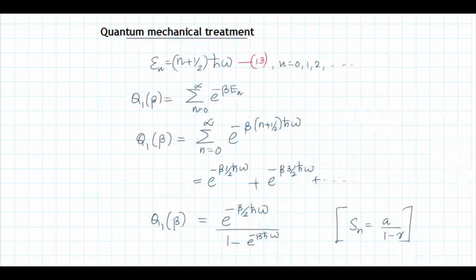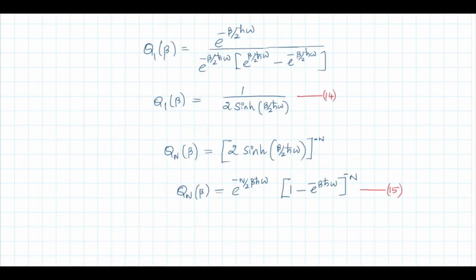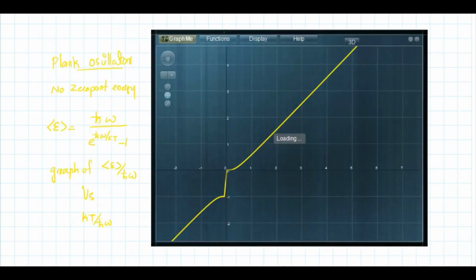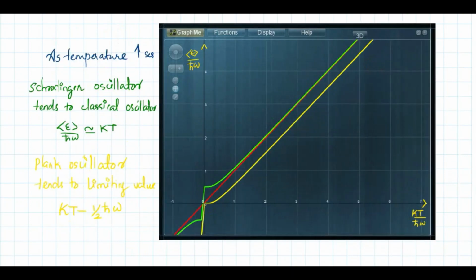Then we treated the oscillators quantum mechanically. We considered the Schrodinger equation and the possible energy values. Then using the expression sigma n equal to 0 to infinity e raised to minus beta E_n, we calculated the partition function. Using that partition function, we again calculated the different thermodynamic parameters. All are the same. Then we discussed the different cases: Schrodinger oscillator, classical oscillator and Planck oscillator.